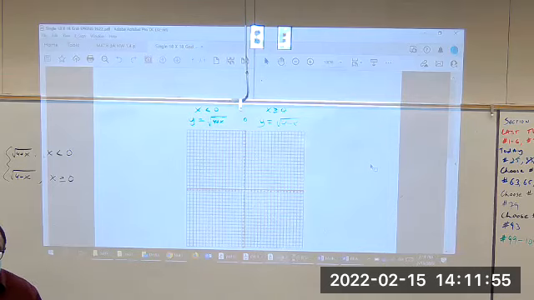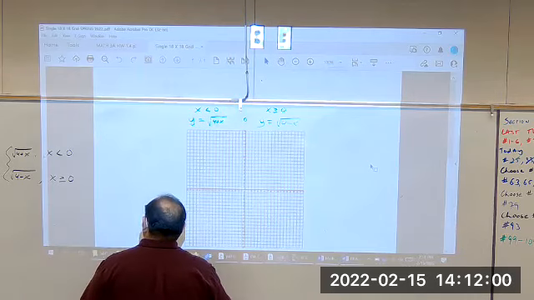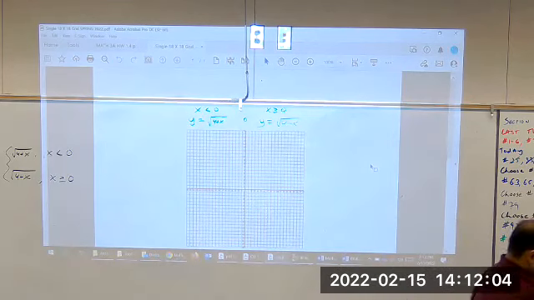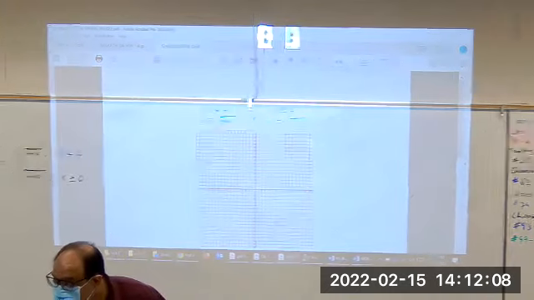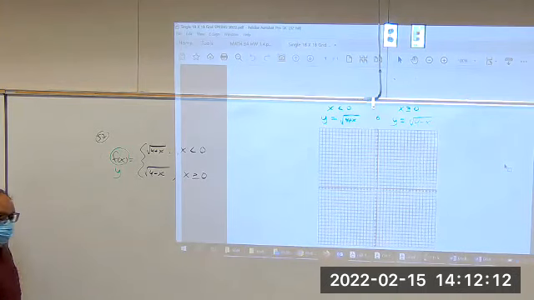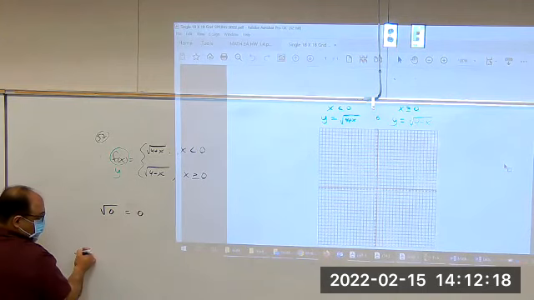So when you're graphing square roots, you're going to want to get the nice perfect squares that you come across. The square root of 0 is 0.